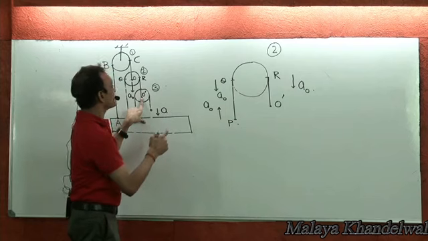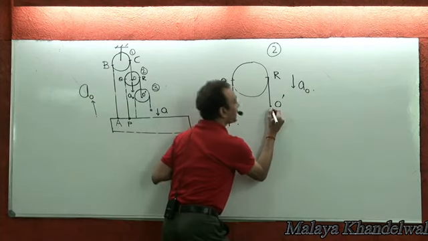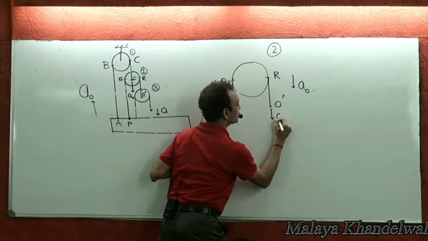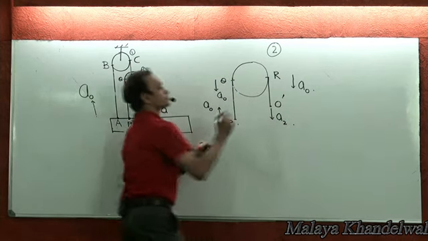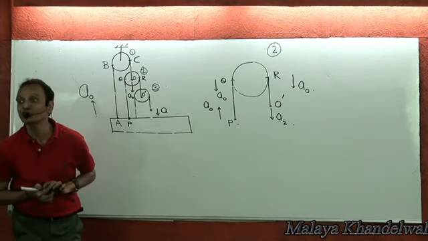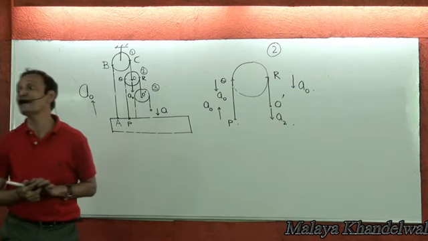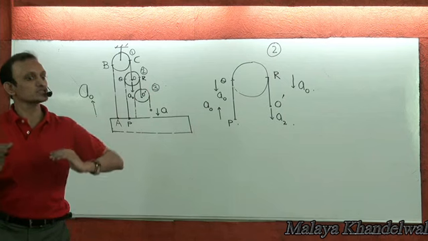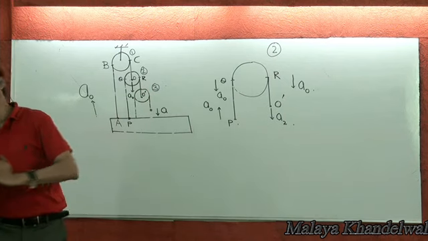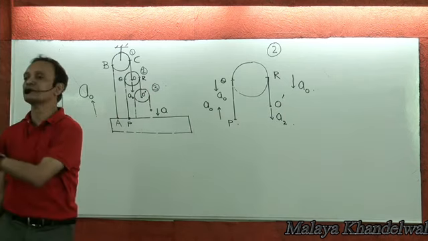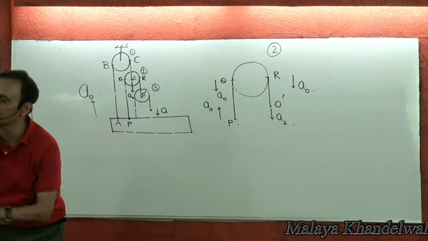Suppose O prime has an acceleration A2 downwards. Let me find A2 in terms of A0, and how do I do that? By deploying the string constraint, traveling from one end of the string to the other end, maintaining consistency of signs.